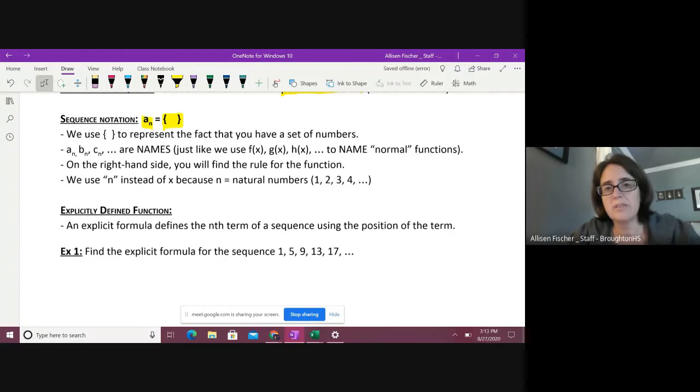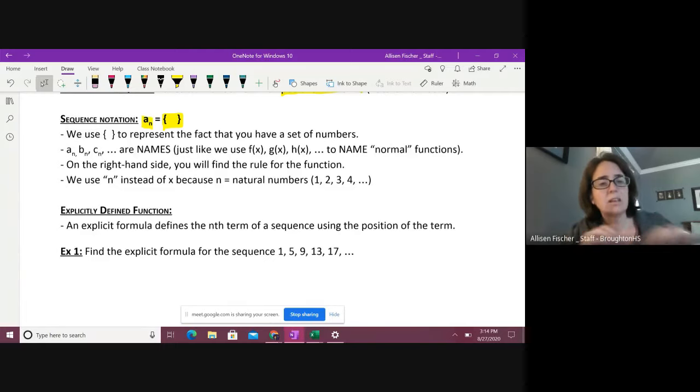So for a function, we use f of x, g of x, h of x. This is just like that, except we use the letters A, B, C, D, things like that. And we use a subscript with the letter n because it's a natural number. When we use x's, it's because we can use decimals and negatives and things like that. So this kind of sets it aside and distinguishes it from functions because it can only be the natural numbers.